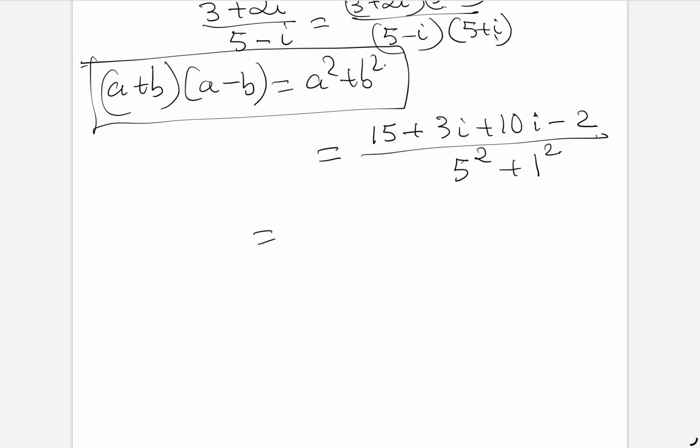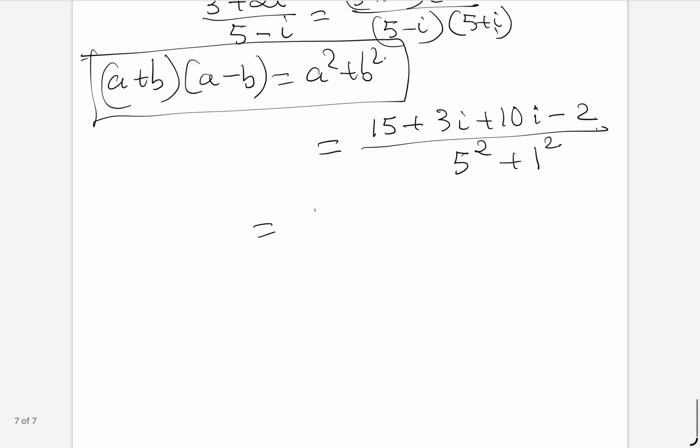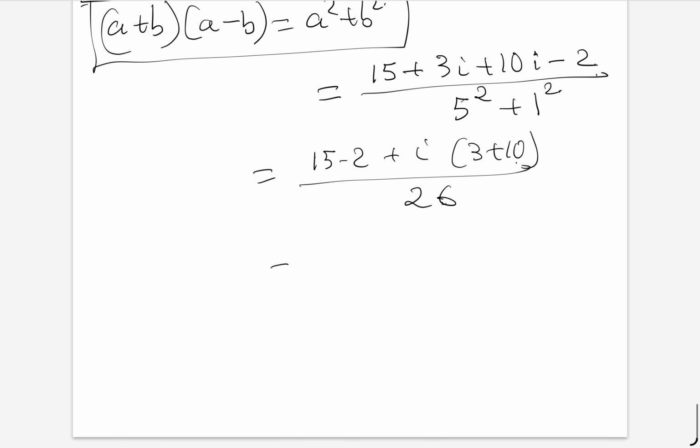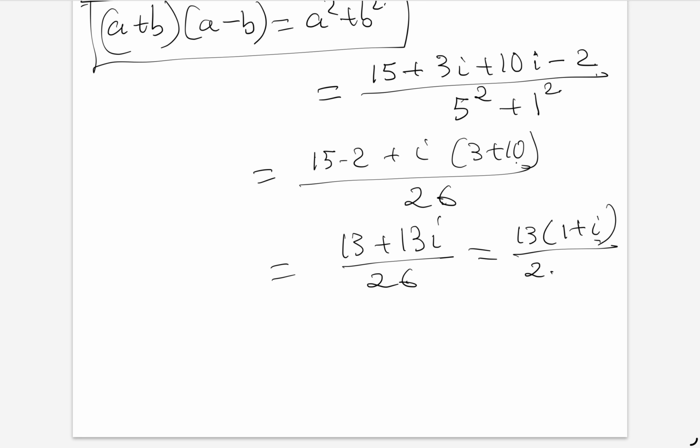If you add them, you have 15 minus 2 plus i times (3 plus 10), divided by 26. Now you have 13 plus 13i divided by 26, which is 13 times (1 plus i) divided by 2 times 13. The 13 we cancel out, and then you have here 1/2 plus i/2.